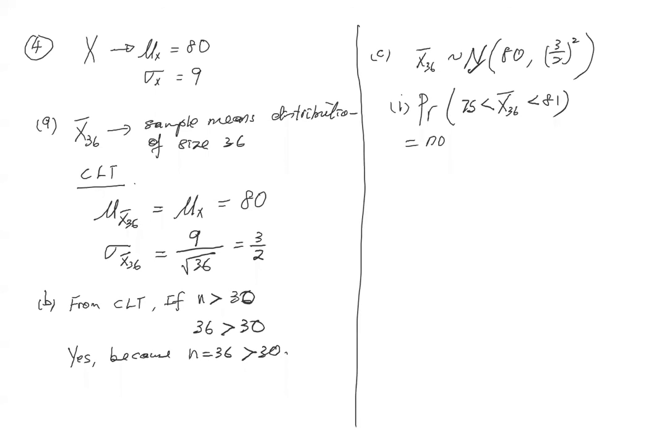That's why you have to learn chapter 8 first. Normal CDF, 75, 81. You have to refer to this variable. So you get the answer. The same goes for the rest.